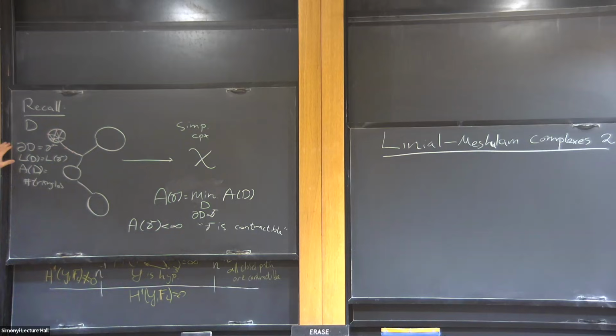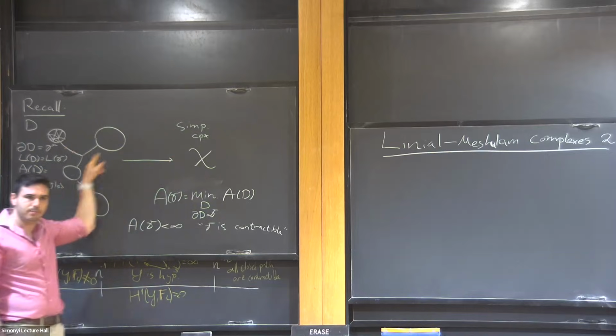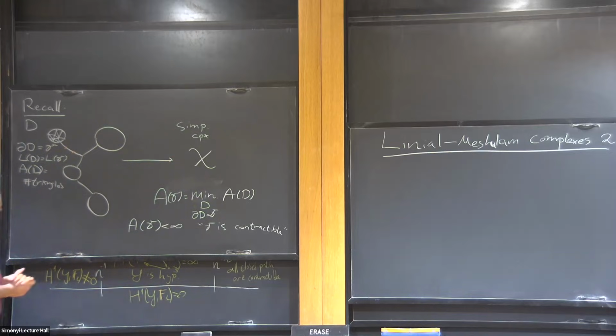Great, and then we defined a few parameters of this diagram. So this diagram, not alone, but with this mapping to X, so with the labeling of the vertices and the edges and the triangles, we said that the circumference of the diagram is well defined only if you pick a starting point and orientation.